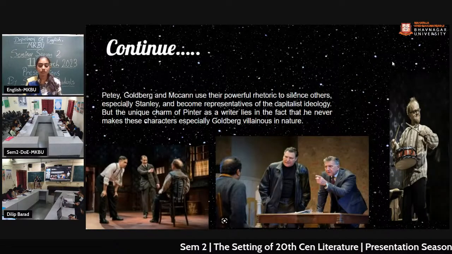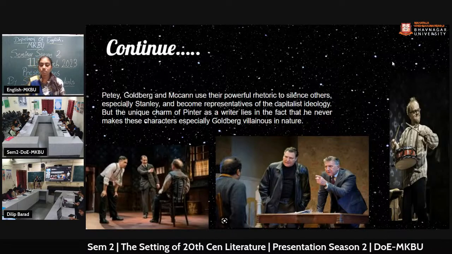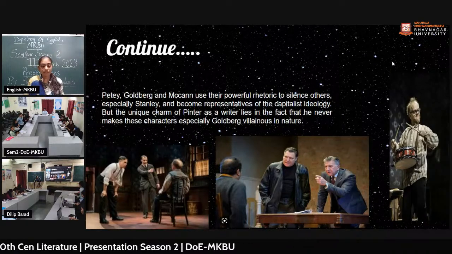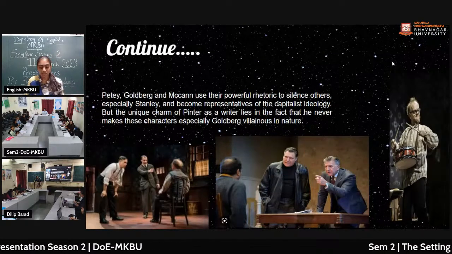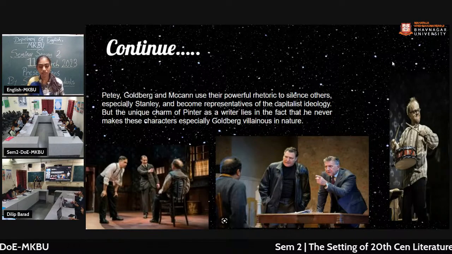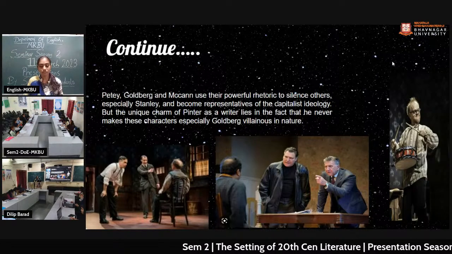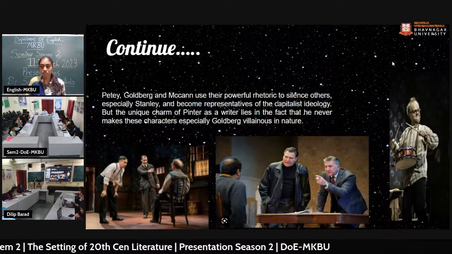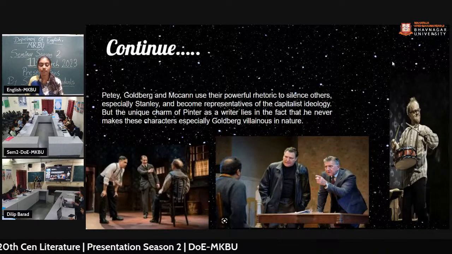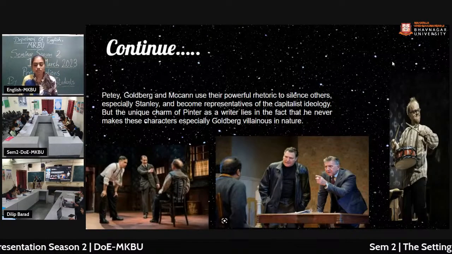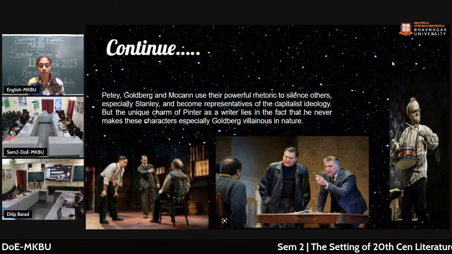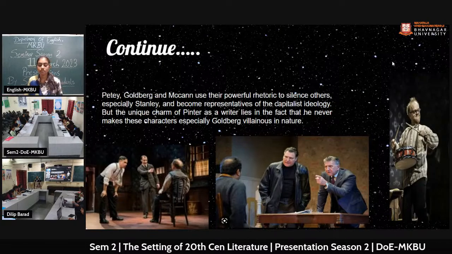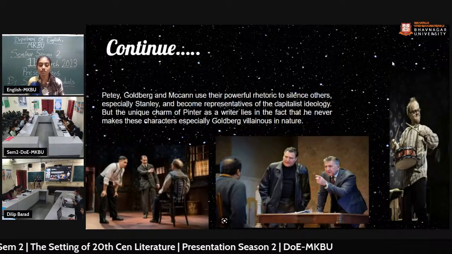Goldberg and McCann, who are the servants of government, use a powerful rhetoric while continuing the questioning of Stanley. Stanley is representing the individual; he becomes silent, and his silence is a representation of capitalist ideology.